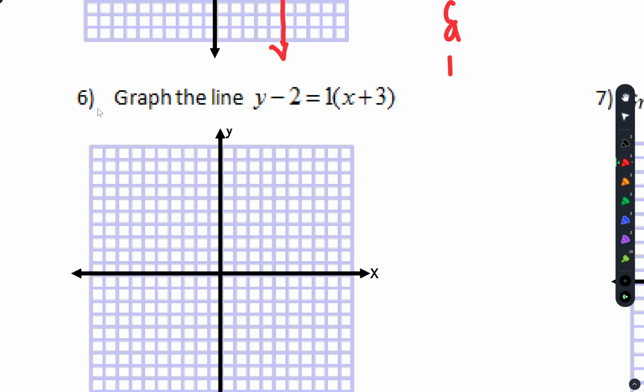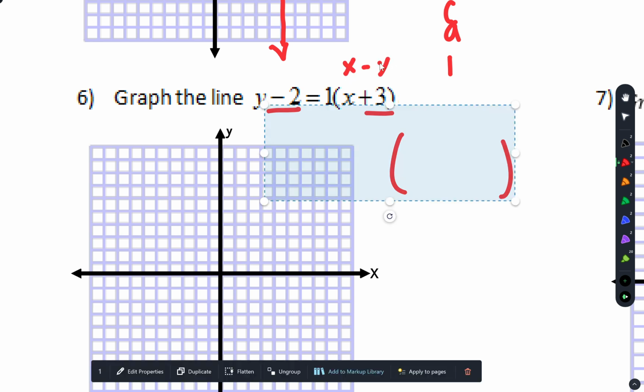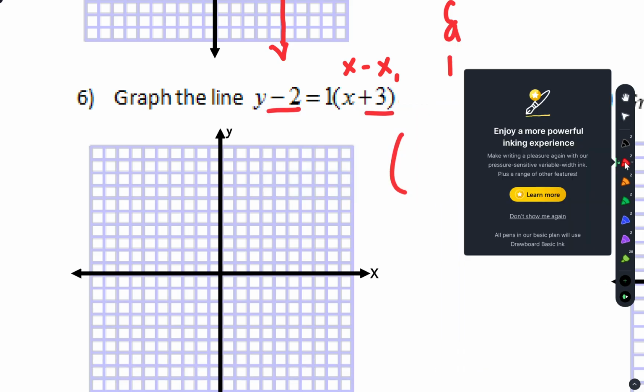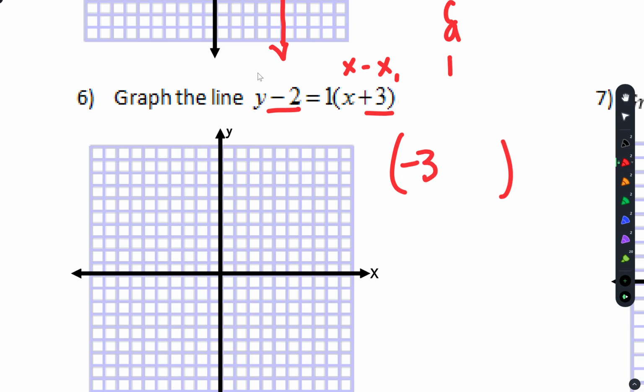This is point-slope form, right? So there's already a point right here. What is that point? The x value is, if this is x minus x1, we have to be careful about our signs, right? So the x value is going to be -3. This is y minus y1, so my y value is 2.